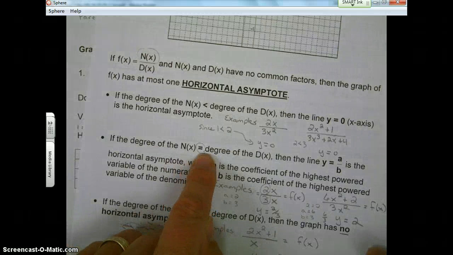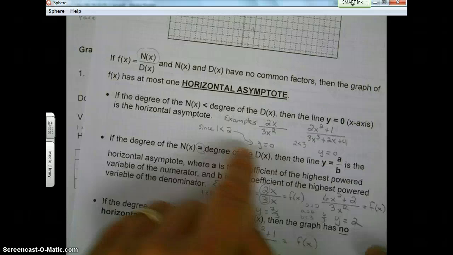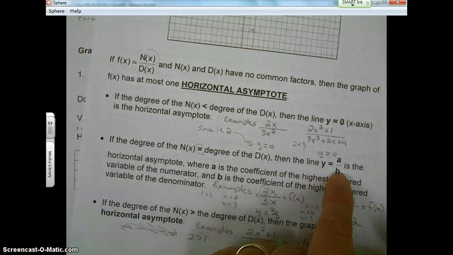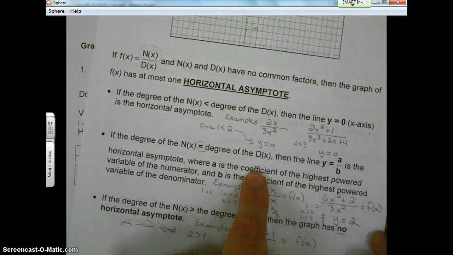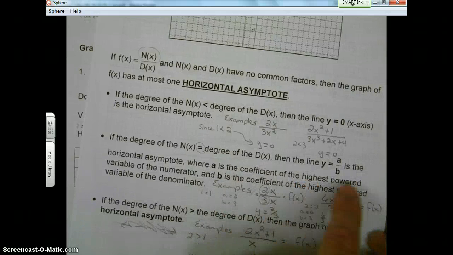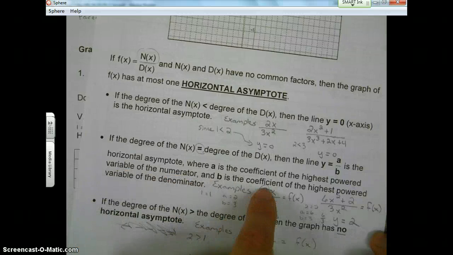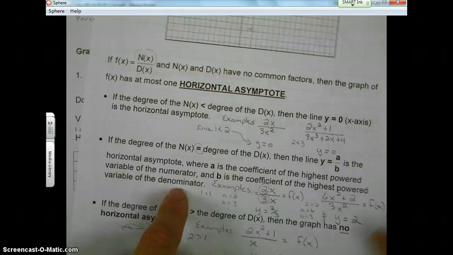If they're equal, then the horizontal asymptote is found at y equals a over b. Remember that a is the coefficient of the highest powered variable of the numerator, and b is the coefficient of the highest powered variable in the denominator.